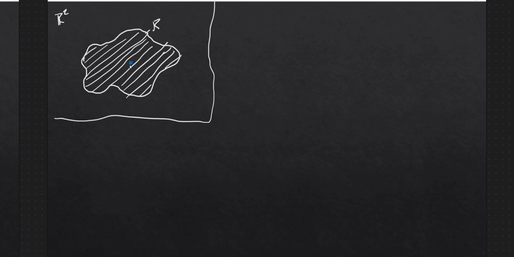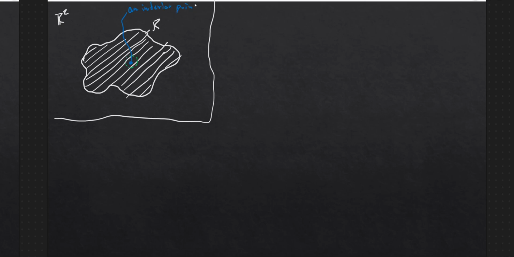Or can I find a disk around it that contains only points inside of the region? Those are my 2 options. In this case, I can find a little disk around my point that contains only points inside of my region. And so this point here is an interior point.